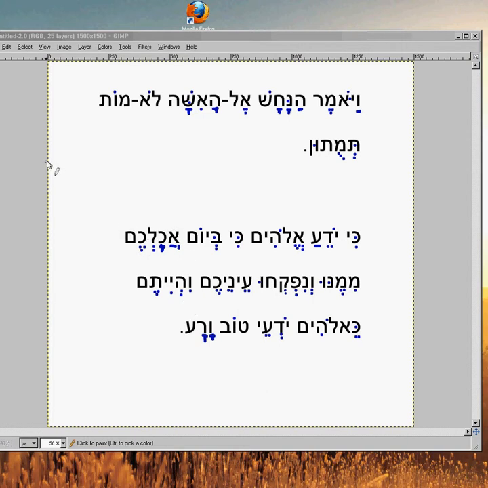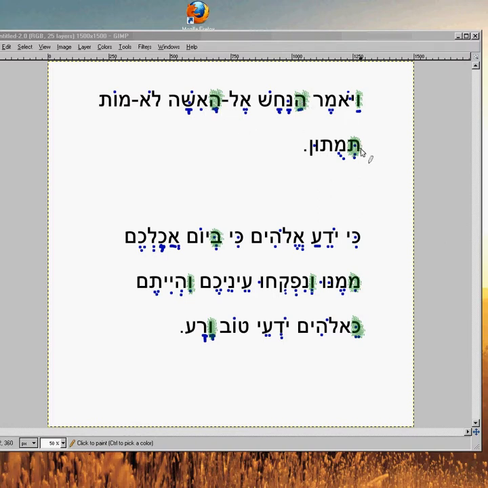And let's go ahead and look at some of the prefixes first. The vav prefix, when attached to a verb stem, means and. So the shoresh, or the root of the word, is omer or amar, and it means said, and said. The hey prefix is the.